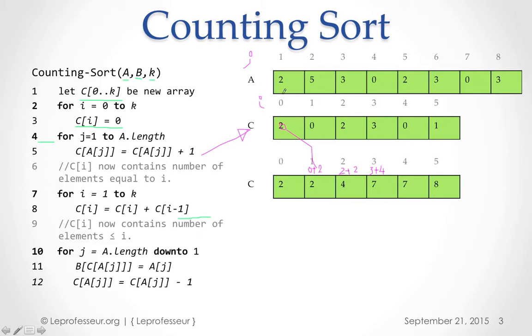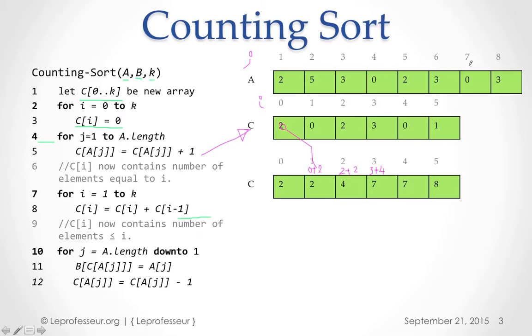Let's count it. 2, which is less than 3. 1. 5 is greater than 3, we don't count it. Then 3, yes, so we got 2. Then 0, yes, 3. 2, yes, 4. Then at position number 6 we have 3, we count it, 5.